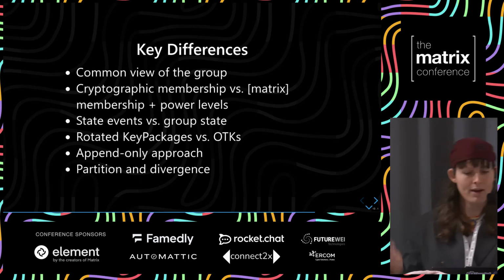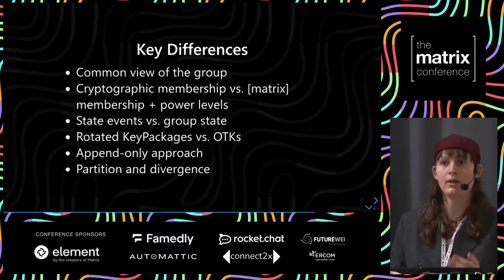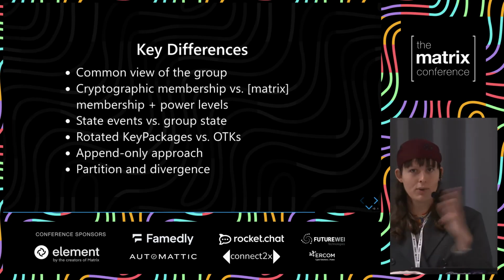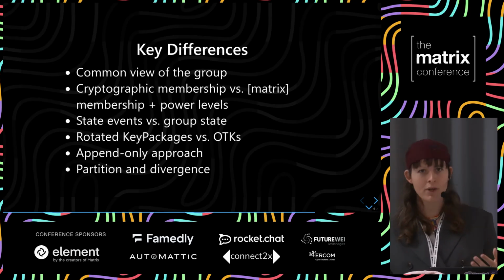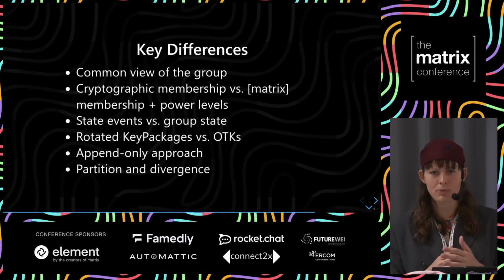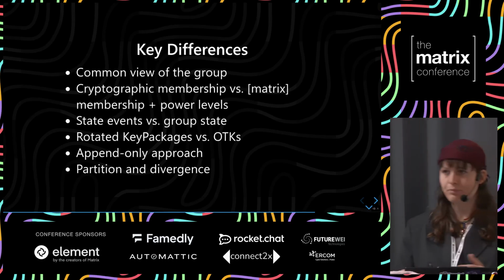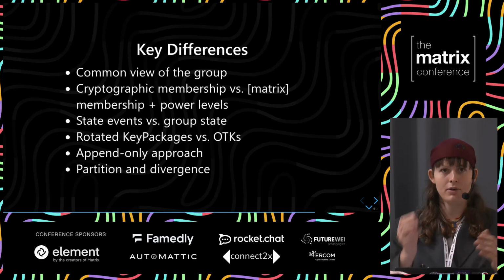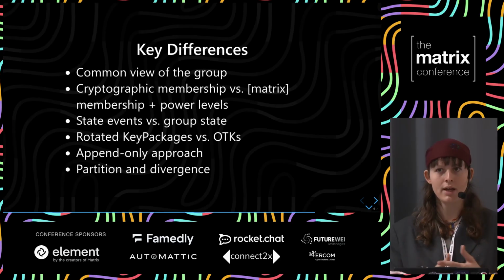we afterwards have power levels, we have state events. That's the next point. In Matrix, we have a bunch of state events and the server actually takes care of handling all the group state, and we trust the server very much with handling the group state and not fooling us about it. Whereas in MLS, we have the group context, the group state contained as a cryptographically derived group state.